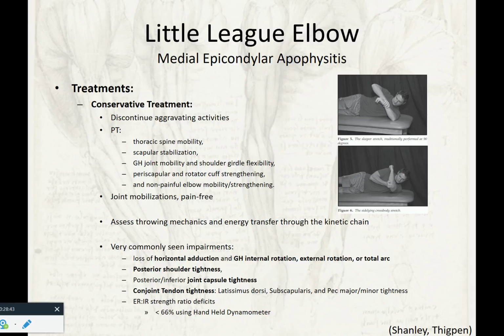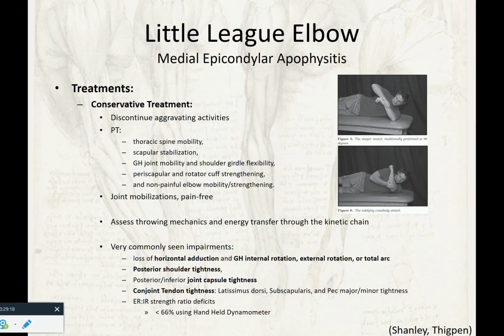And then as far as strength goes, you want the external rotation strength to internal rotation strength ratio to be greater than 66% using a handheld dynamometer. A dynamometer is a device that basically tests strength output. So essentially what we're saying here is these athletes are going to have amazing internal rotation strength, which is likely due to the repetitive nature of throwing or swimming or whatever, right?